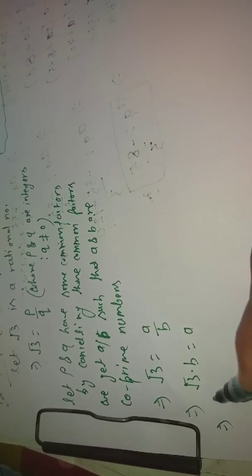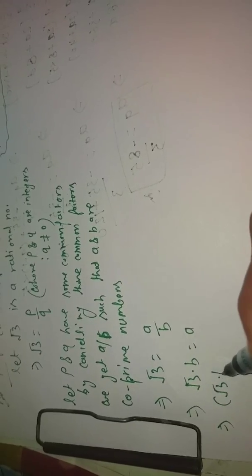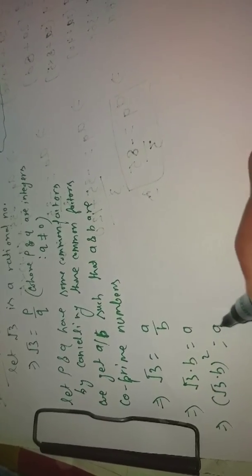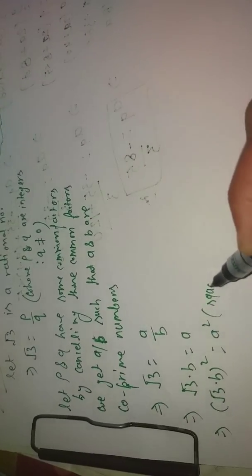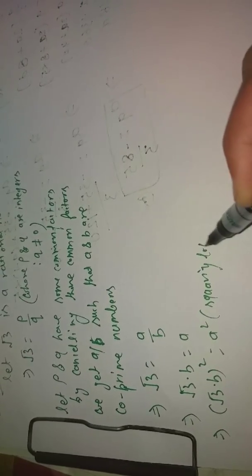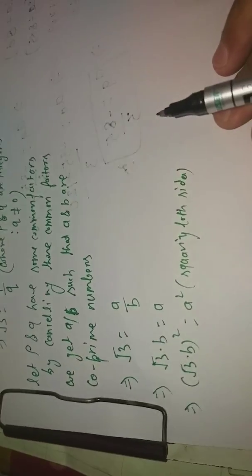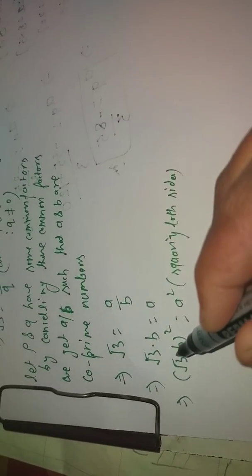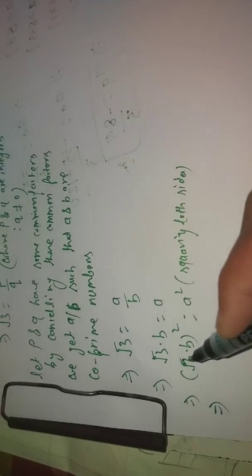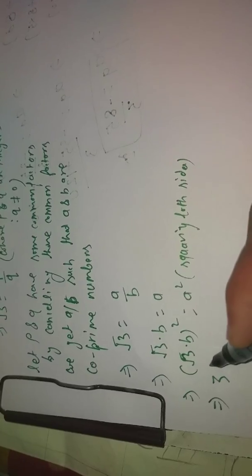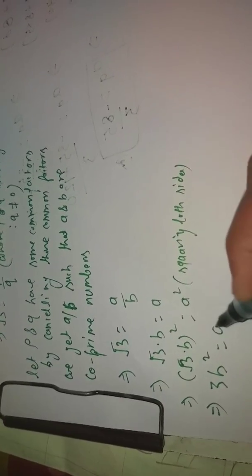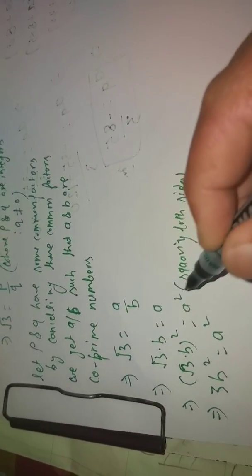After squaring both sides, square root of 3 into b whole square will be equal to a square. Now this is 3 and b square will be equal to a square. Is it clear?